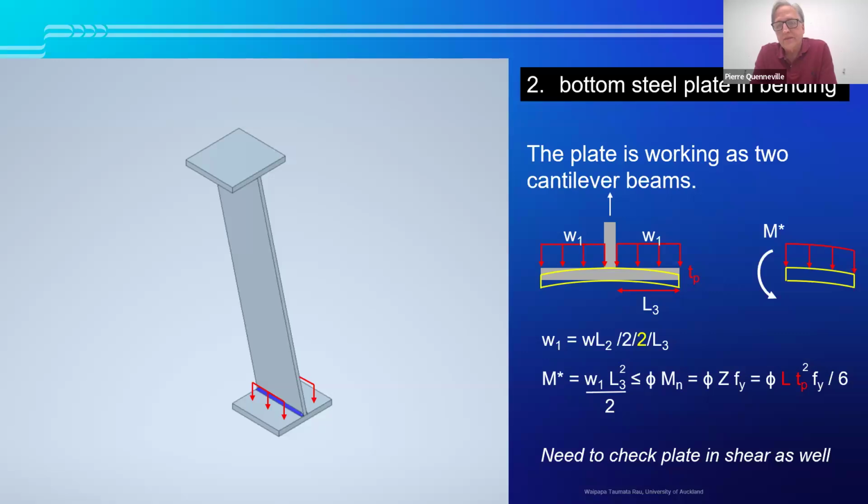And this has to be smaller than the resisting moment in our steel plate. Using the section modulus of our steel plate, we have the length of the plate and the thickness of the plate squared divided by 6. And we use NZS 3404 to determine this.